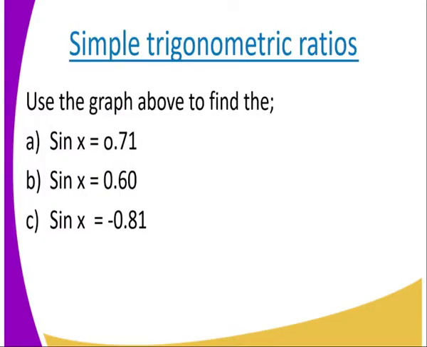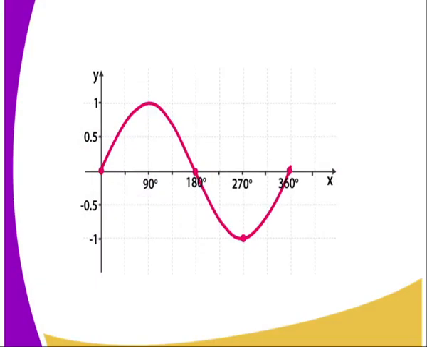Then we go to sine x is equal to 0.60. You still come back to the graph, go to where 0.6 is, then go to the graph, then go down, read that value. So that is the way you are supposed to read them.